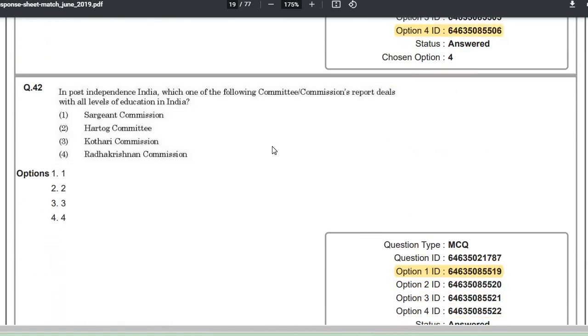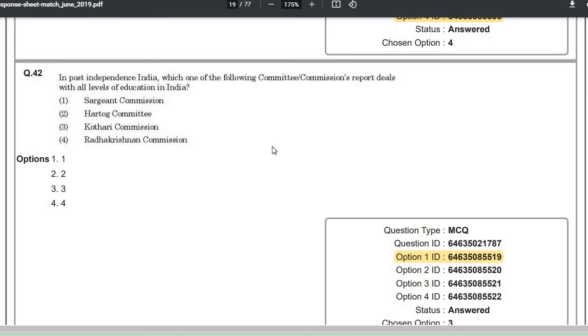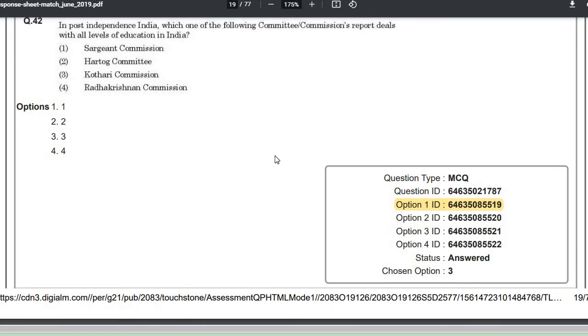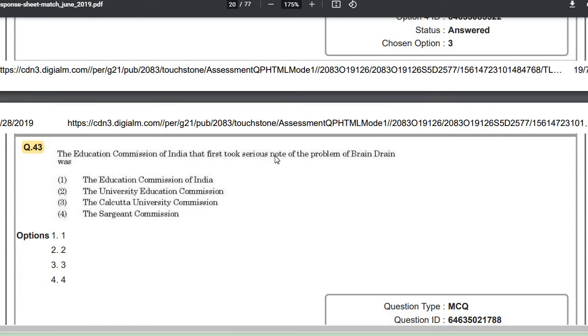Now coming to question number 42. In post-independence India, which one of the following commissions' reports deals with all levels of education in India? The commission is the Sargent Commission. So option 1 is the correct answer for question number 42.